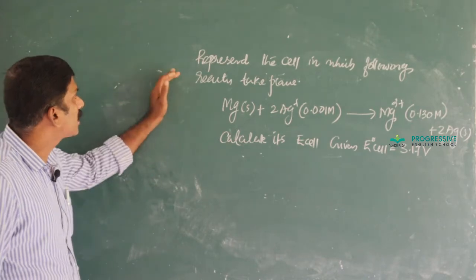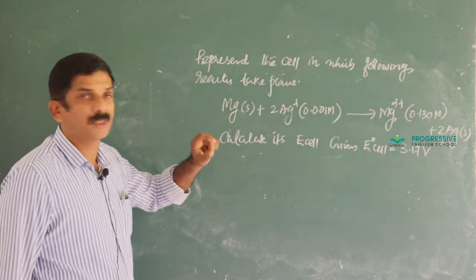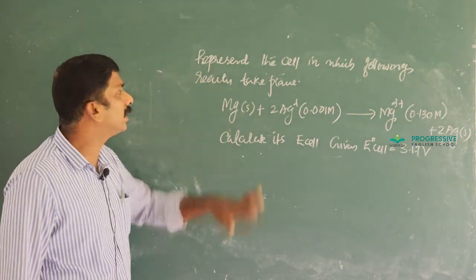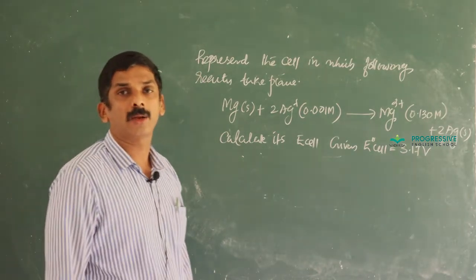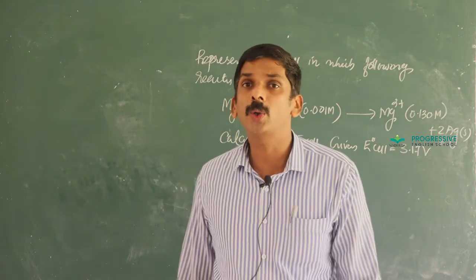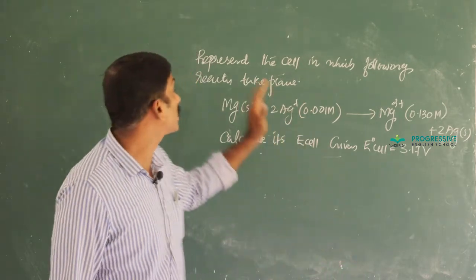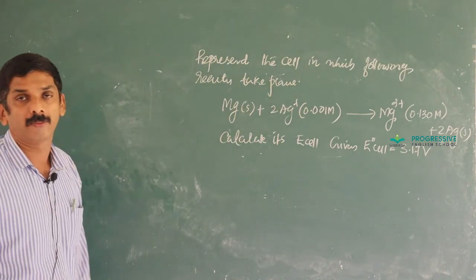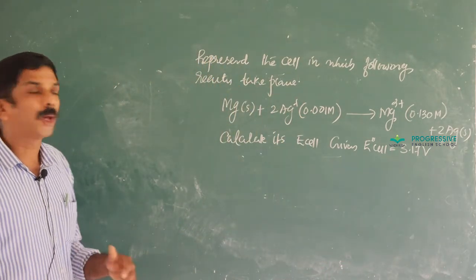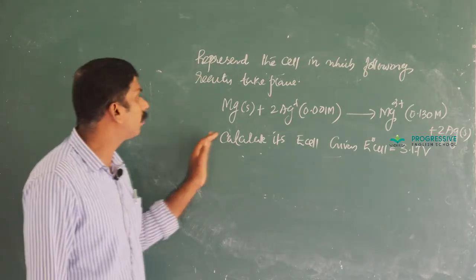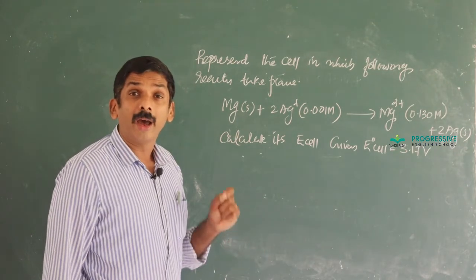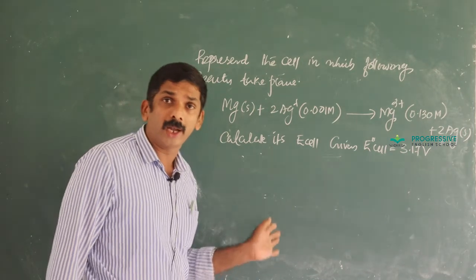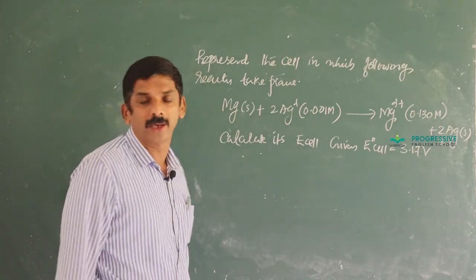Apart from the last question, here it has two parts. One is you have to represent the cell. Before calculating the electrode potential of the cell, you have to first represent the cell. As per the convention, while representing a cell, first we write the anode on the left side and cathode on the right side.